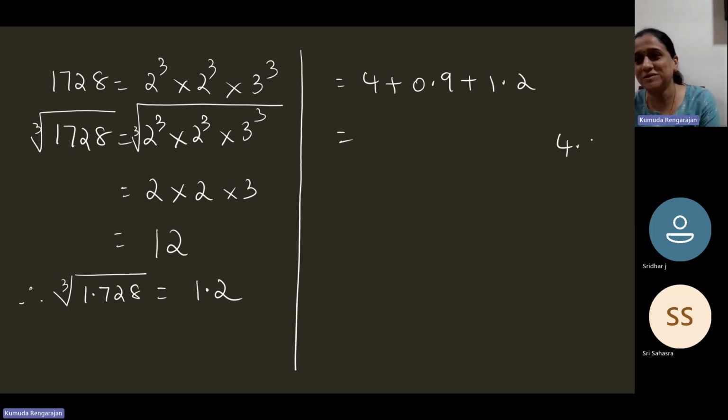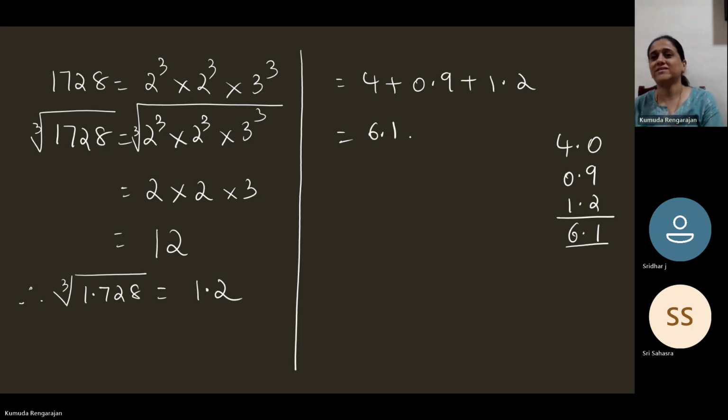4 is 4.0, 0.9, and 1.2. So Sahasra, thank you. You're right. 6.1. Because see, you would have done this for 0.9, 1.2, right? Be careful. 4 is 4.0.